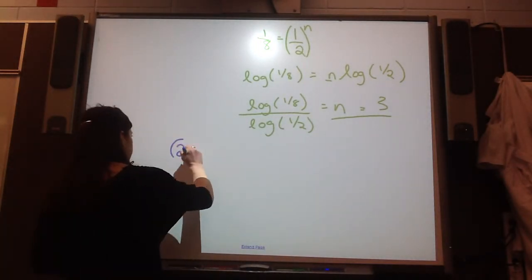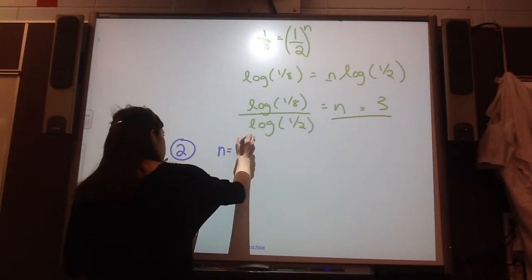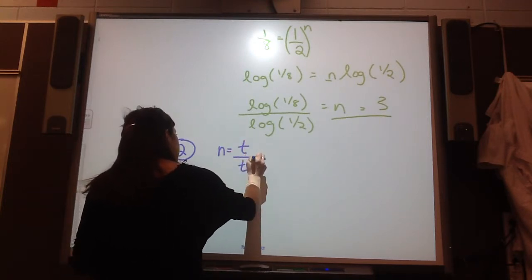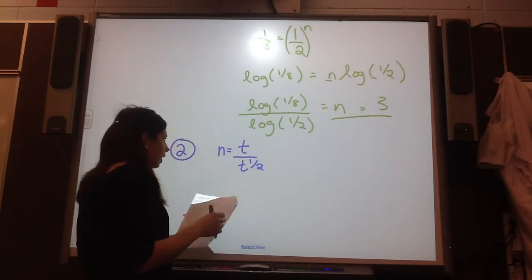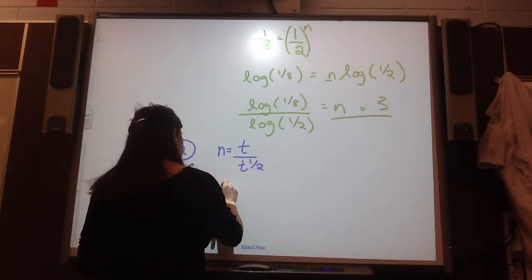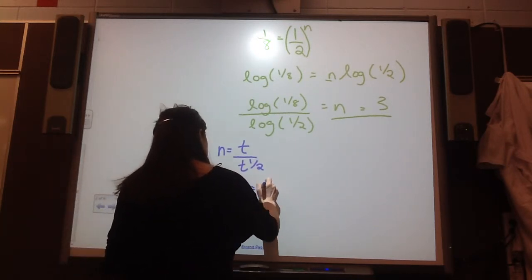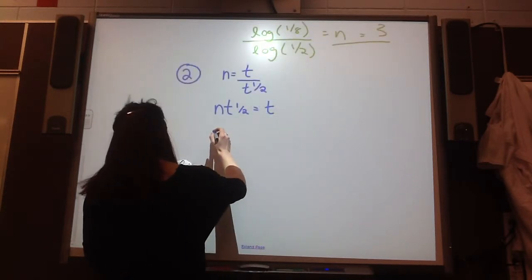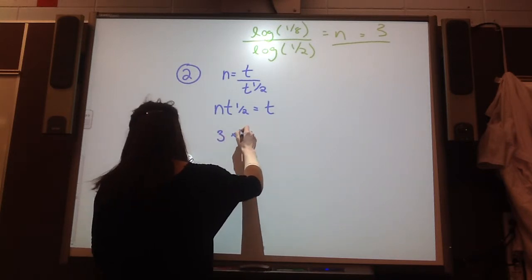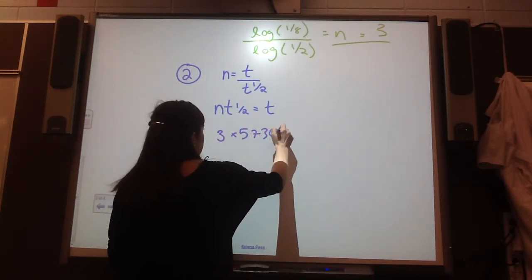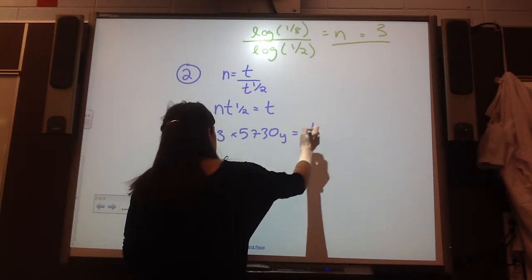So this is my second calculation: n is equal to t divided by t half. I'm going to rearrange to solve for t. So n times t half is equal to t. So I have 3 multiplied by 5,730 years is equal to t.